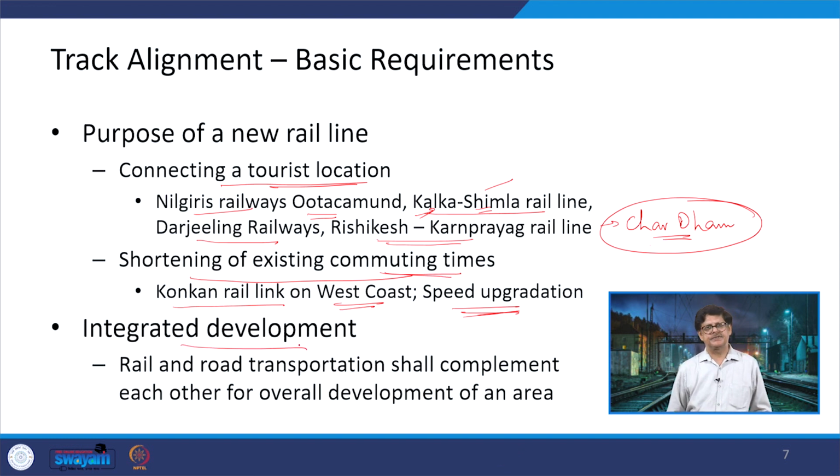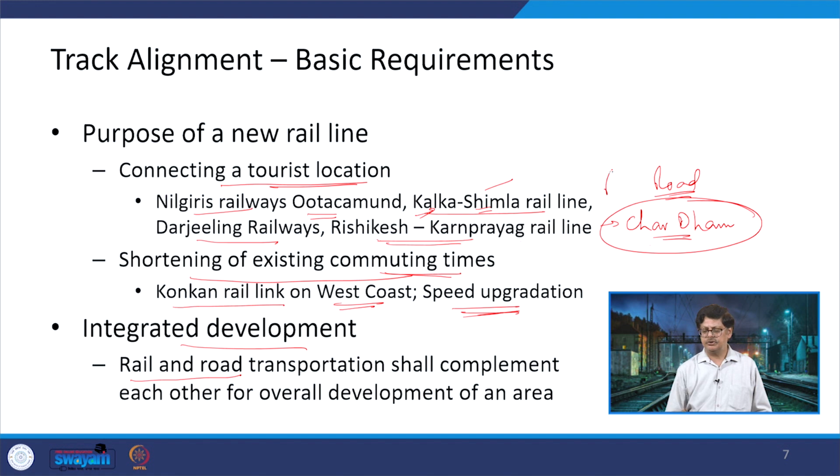Integrated development is also a core of any planning, whether it is related to roads, rails, waterways or airways. An integrated system has to be there. So, as I said, if we are talking about Rishikesh, Karnaprayag and Char Dham, we reach there finally by road.